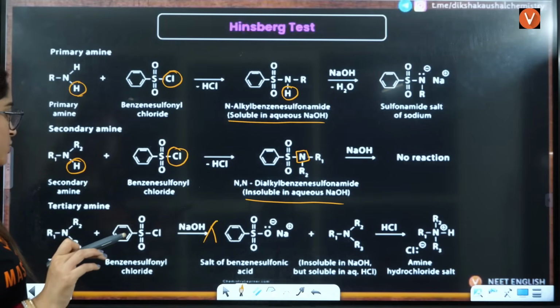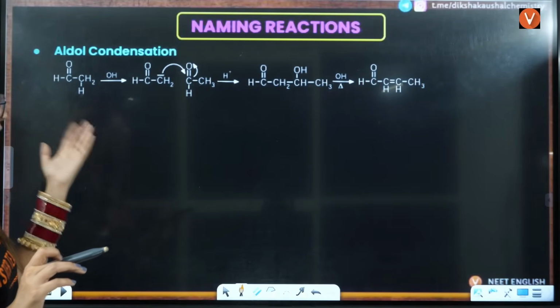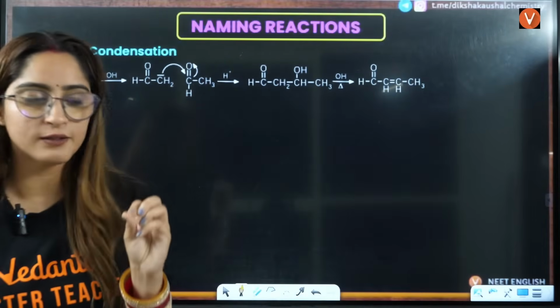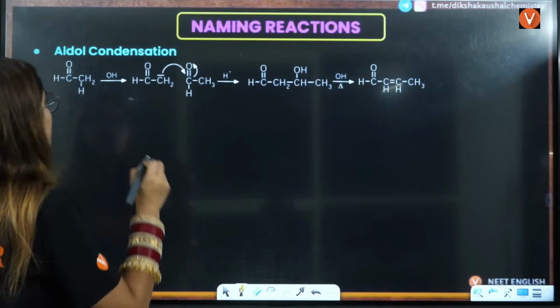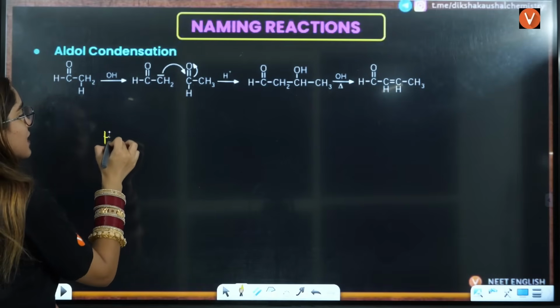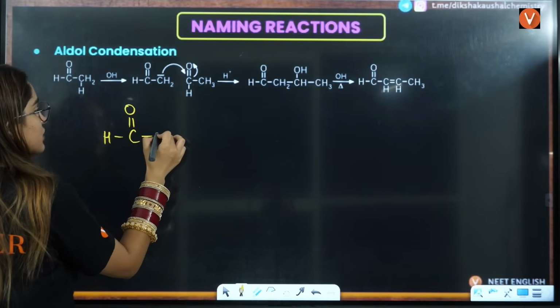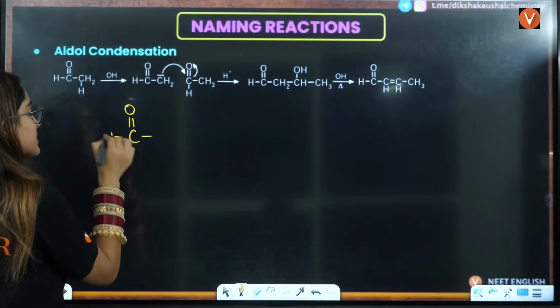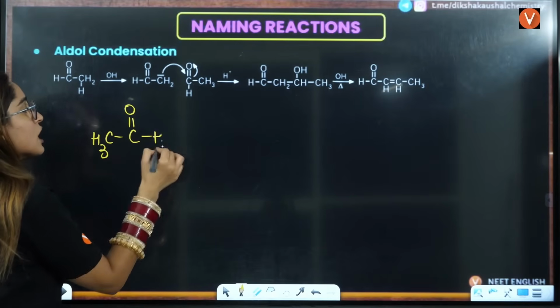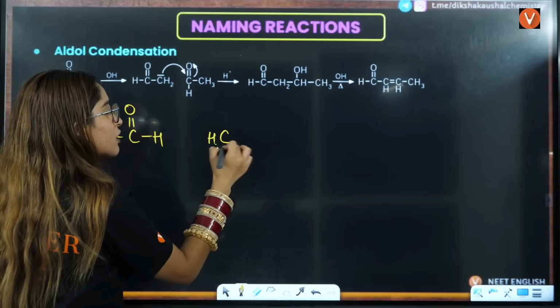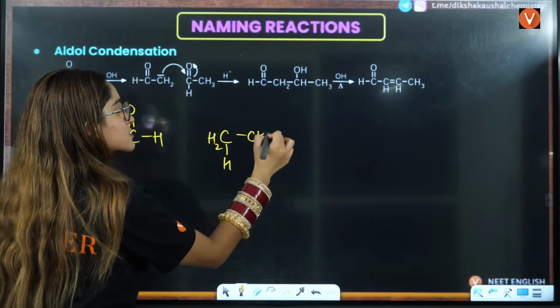Okay. Next we have is aldol condensation, which is a very important naming reaction. So here what we have, this is H, let's say this is C double bond O, this is, let's say, CH3, right? So I'm going to write it CH3 here, and this is H. So one you will use carbonyl carbon, and other you will use alpha hydrogen here, that is CHO.